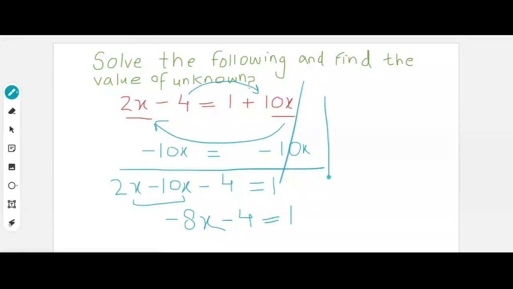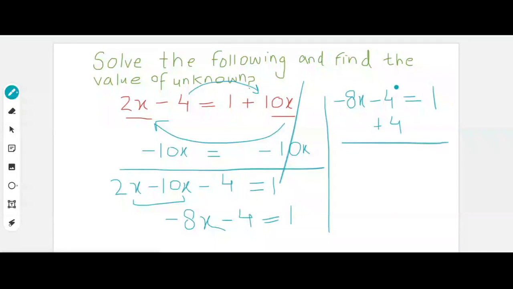Now we can do plus 4 on both sides of the equation. Why plus 4? I will show you why. Minus 8x minus 4 equal to 1. Now we will add 4 on both sides of the equation. Why?